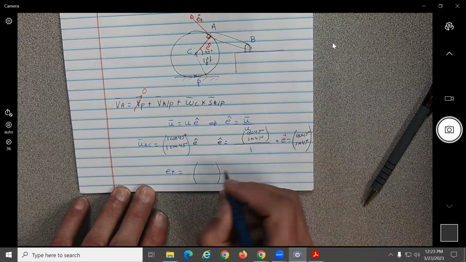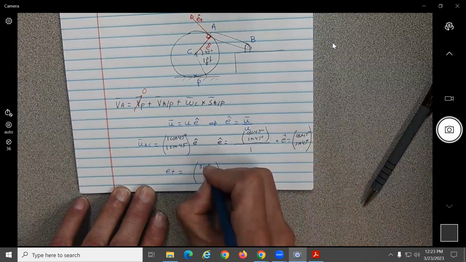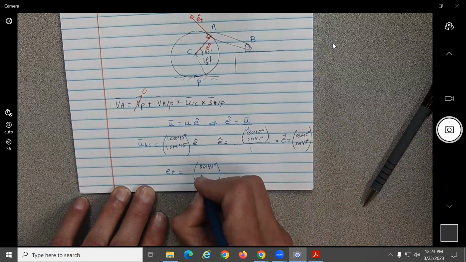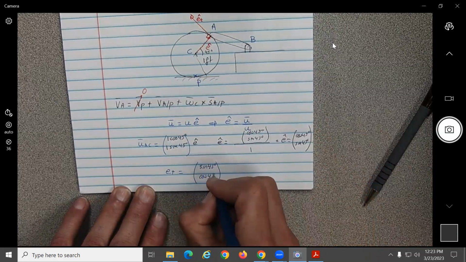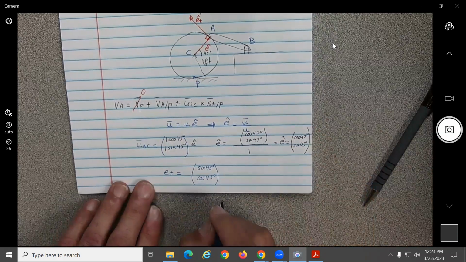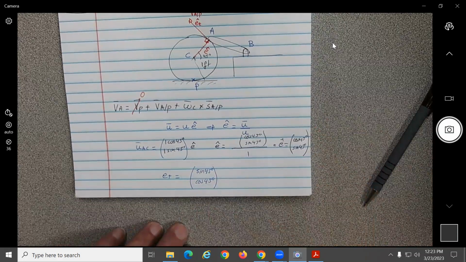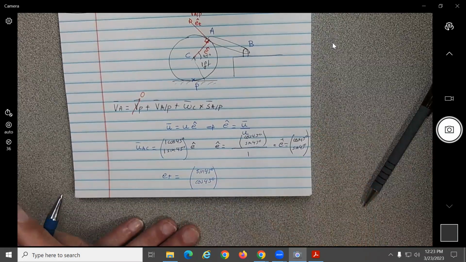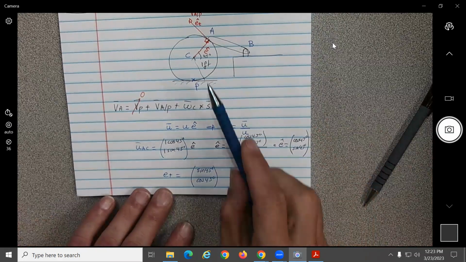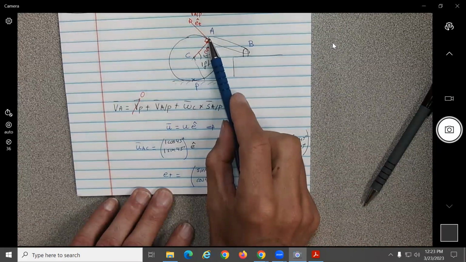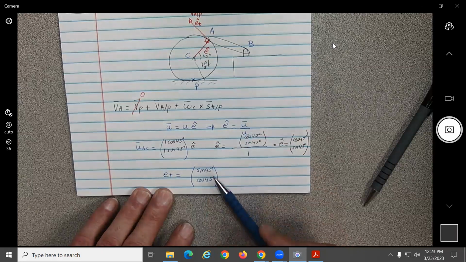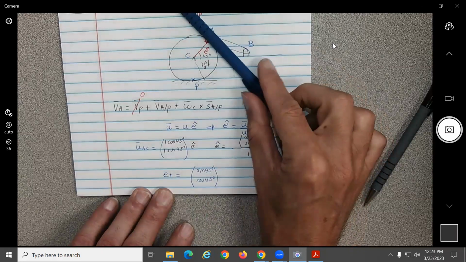You flip the order, so you flip to sine 45, cosine 45, and then what do you need to do? Switch one of the signs, but just think about it, okay? This is perpendicular, so you switch the order and the sign.